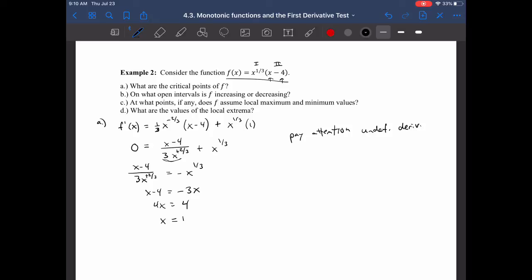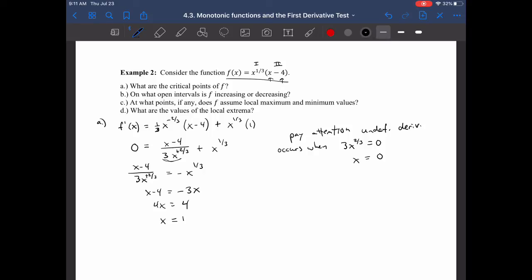That occurs when 3x to the 2/3 equals 0, because we can't divide by 0. It's that denominator. We can't have that be 0, and that occurs when x equals 0. If x equals 0, 3x to the 2/3 is going to be 0, and so these are the points we are interested in looking at.